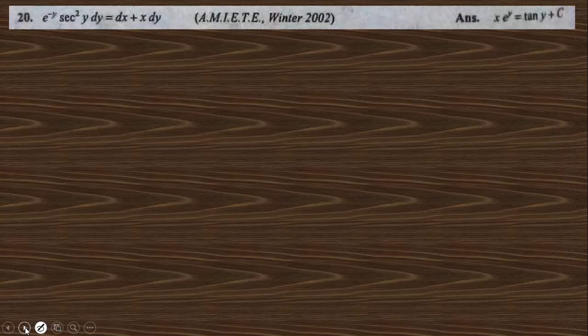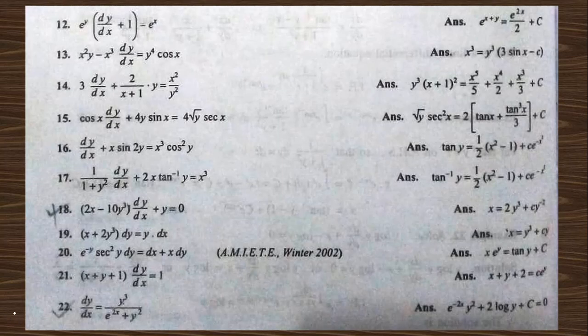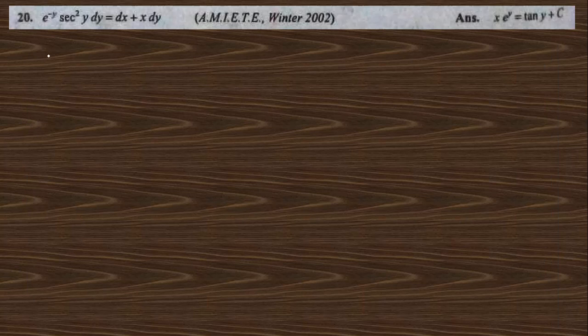Okay, take another example, that is question number 20, which is here. So if you want to solve this one, you can say e to the power minus y sec square y, and this x is taken here, minus x dy equals dx.